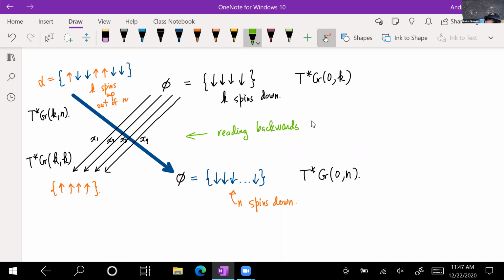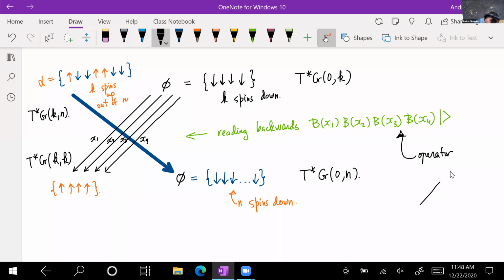So reading backwards, we get the expression B(x1), B(x2), B(x3), B(x4) applied to vacuum, where this is the operator that goes from spin up on one side to spin down.